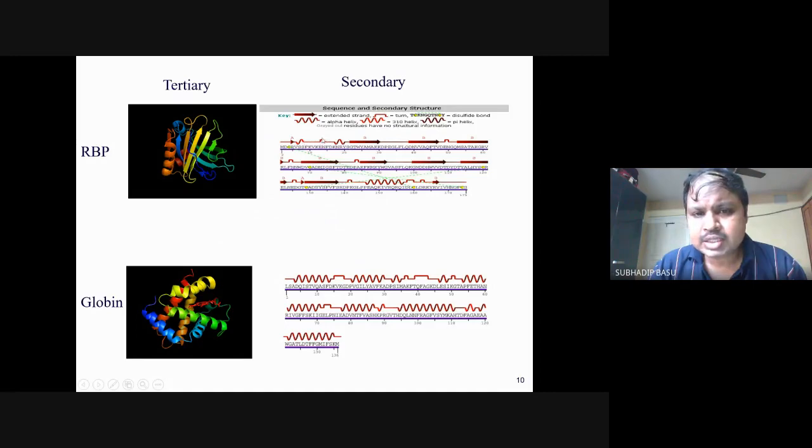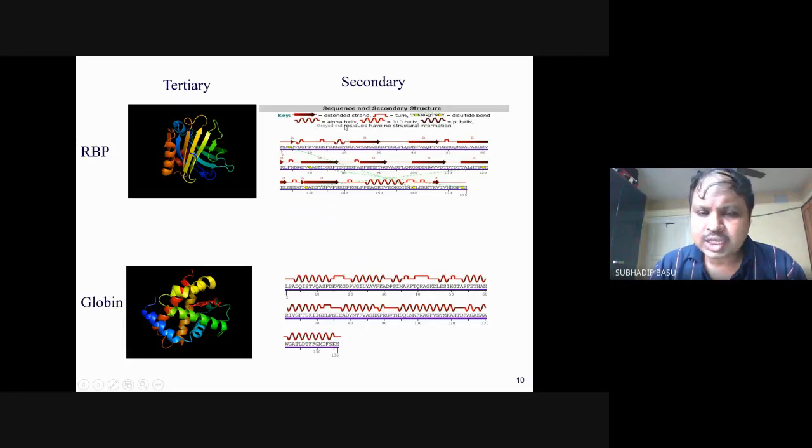And these small parts are turns. The annotations are also given: this is the extended strand, this is a turn, this is a bridge, this is an alpha helix, and this is a 3.10 helix. So there are different types of helix. This is called a pi helix.